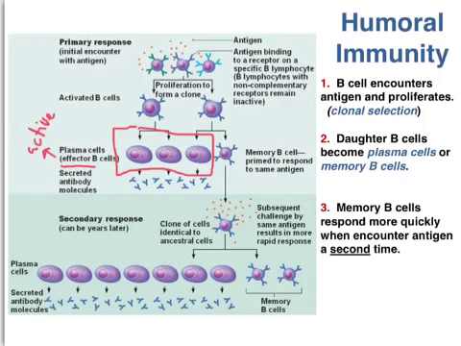They're kicking out loads of antibodies. Now, the majority of these activated B cells become plasma cells, but a small proportion don't. There's a few of these activated B cells that don't become plasma cells. Instead, they become memory B cells.